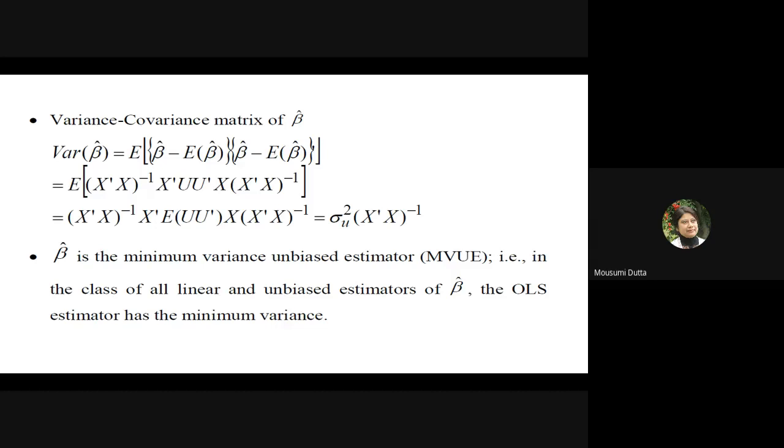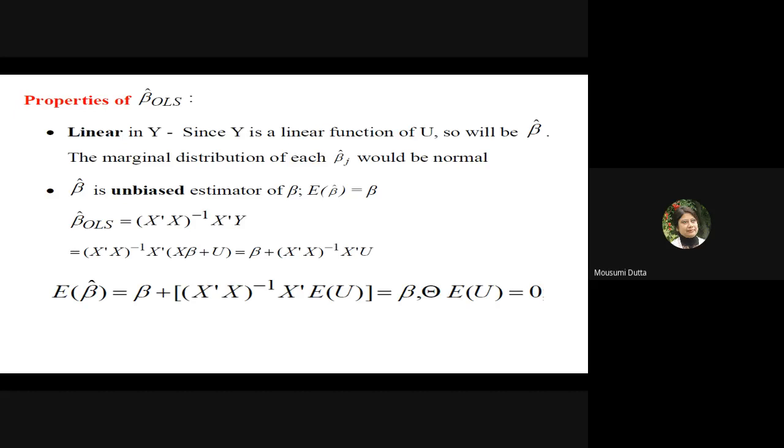Okay. So it is understandable, we are considering a squared symmetric matrix. And the squared symmetric matrix is nothing but the variance covariance matrix of beta hat. Now, what is beta hat minus expectation of beta hat?